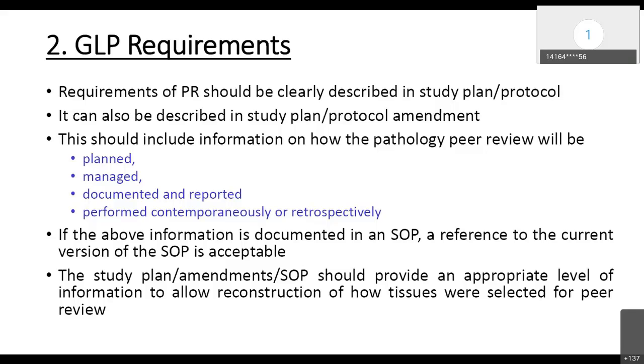The SOP should clearly describe how the peer review process will be done, and how the tissues were selected for peer review.